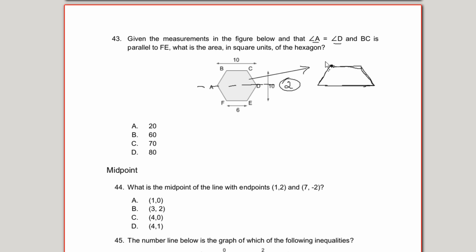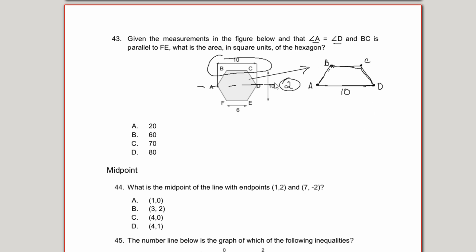So again, this is point B. This is point C. This is point A, and this is point D. Now we're also given this dimension of 10, and that is equivalent to this whole length of this figure. So that's going to be equivalent to AD, which is 10.